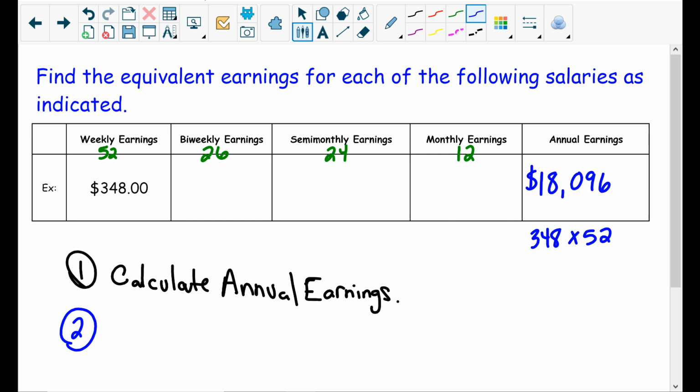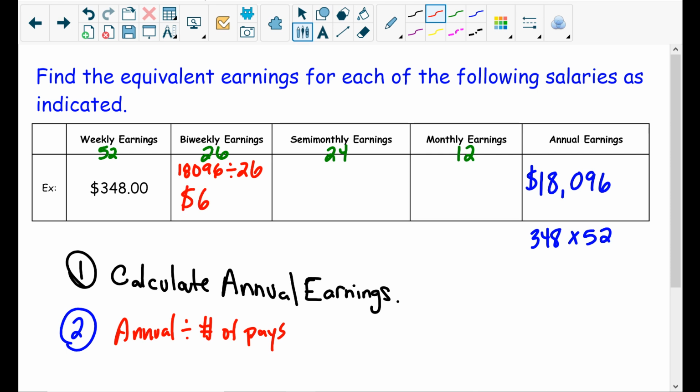Now that we have our annual, we can use our number of checks to calculate by dividing. So we take our annual divided by the number of pays. We're taking the 18,096 divided by 26, and that gives me 696. Good.